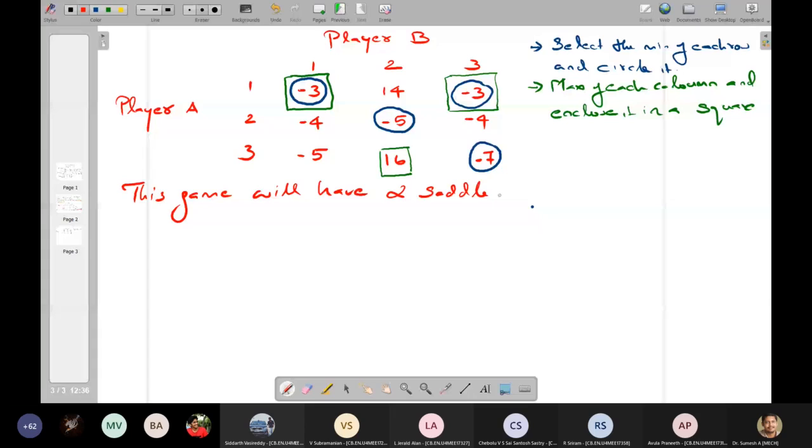And the best strategy for player B is 1 and 3.